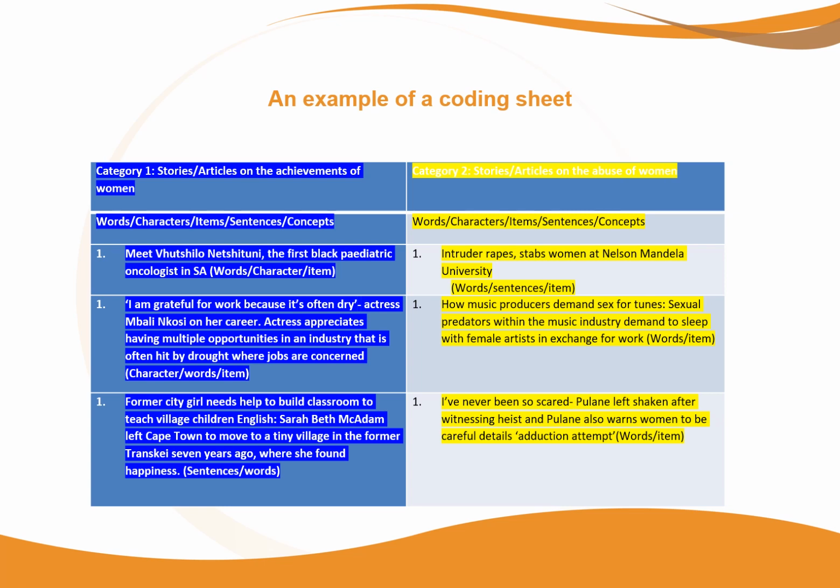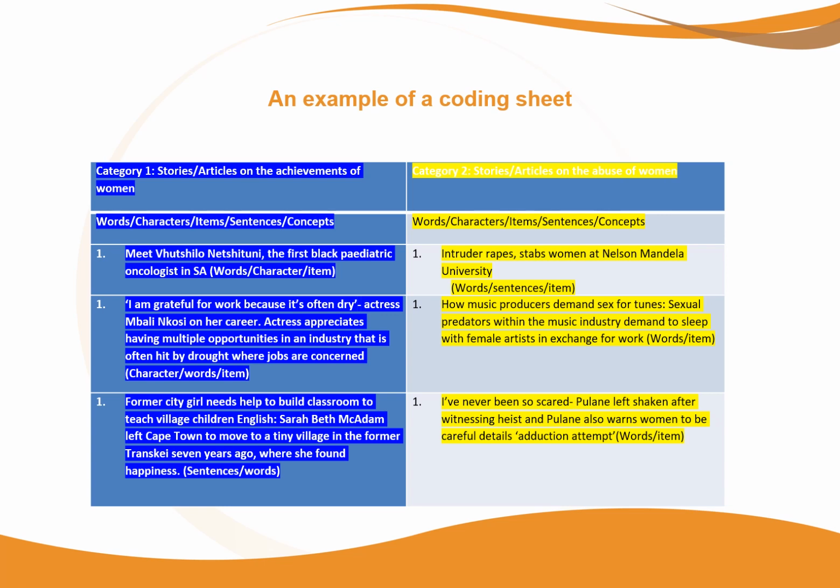And then she also had character weights as a unit of analysis, and she looked at this aspect and placed the unit in this category dealing with character weights as an item. And then the third unit here is the sentences or words.